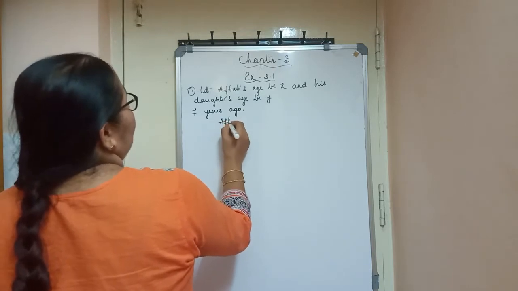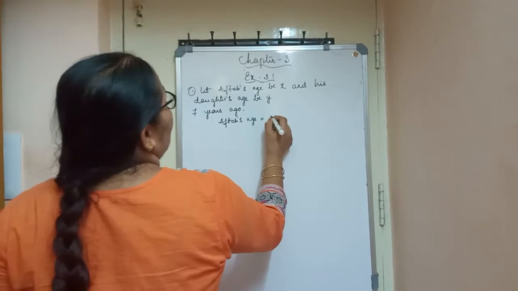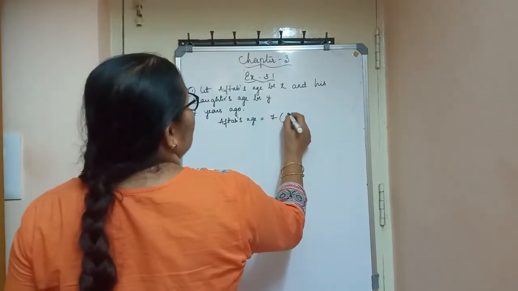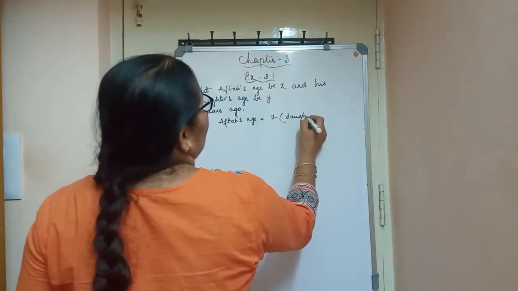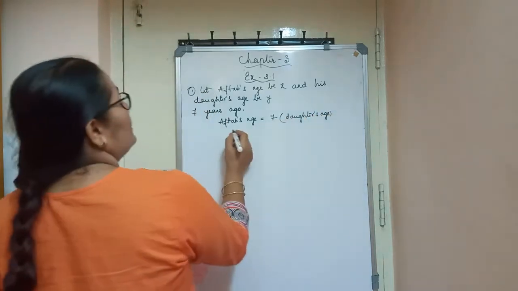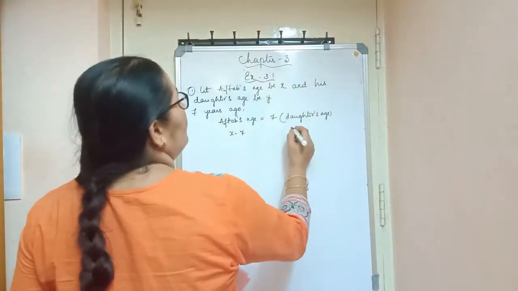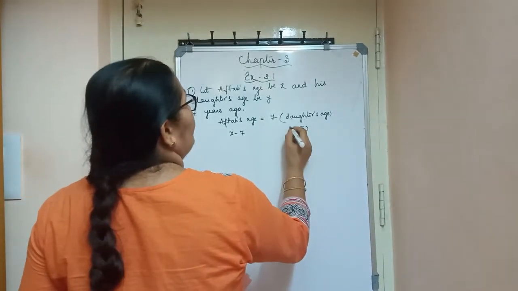Now 7 years ago, Aftab's age is 7 times his daughter's age. That is, 7 years ago, it is X minus 7 and Y minus 7.